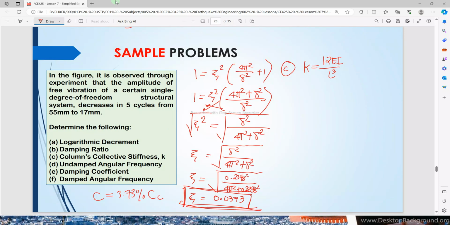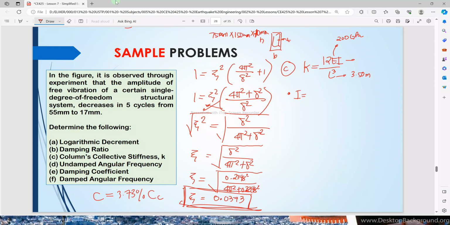So in order to solve the K, we have the elasticity, which is equal to 200 gigapascal as given. Our length is also given at 3.5 meters, but the I is not given. So we solve for I. If you remember, you have a rectangular tube with B, H, and also a thickness T, which is 75 millimeters by 150 millimeters by 10 millimeters thick.